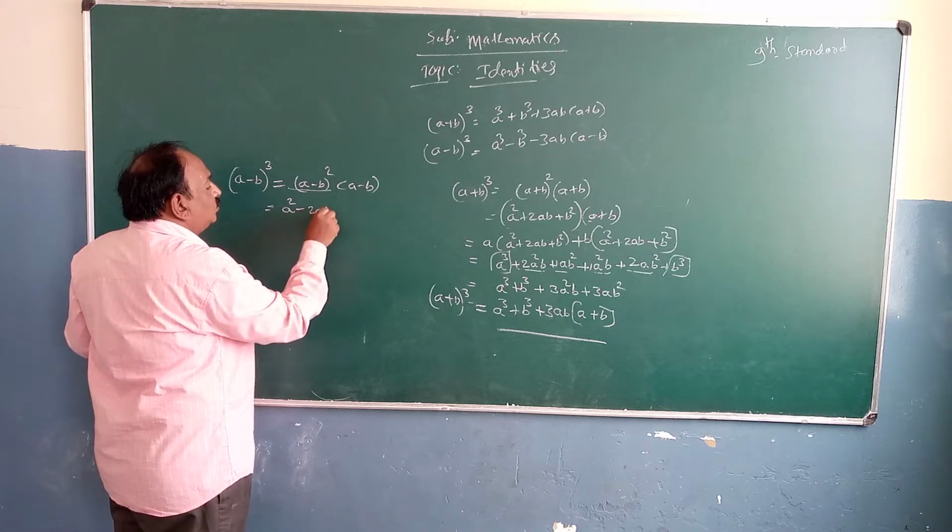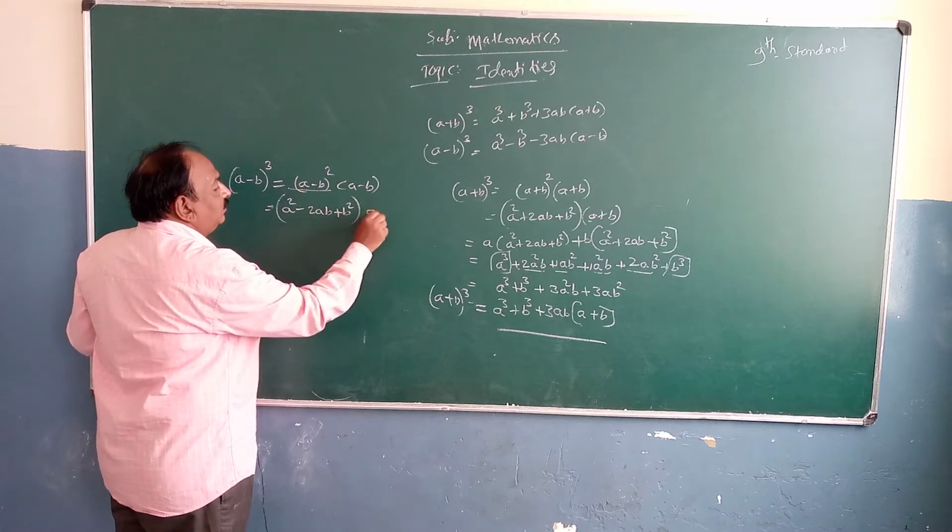a square minus 2ab plus b square, into (a - b).